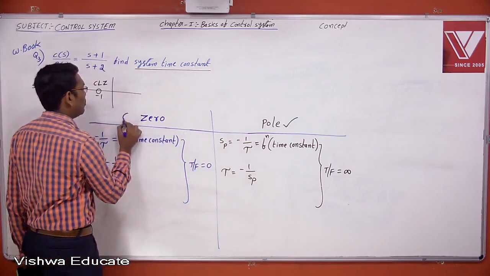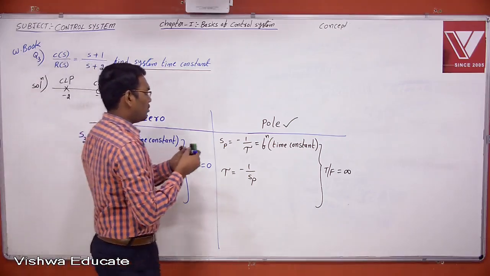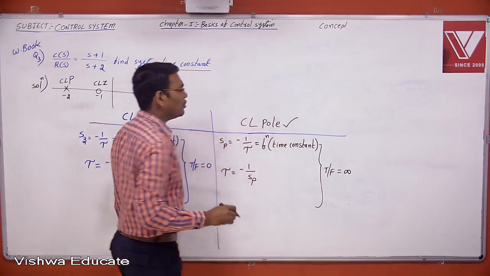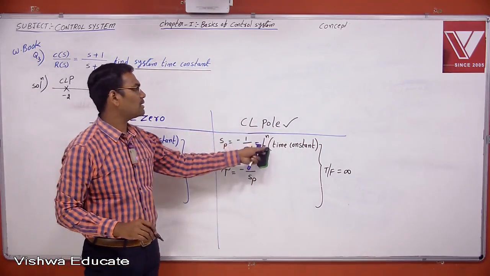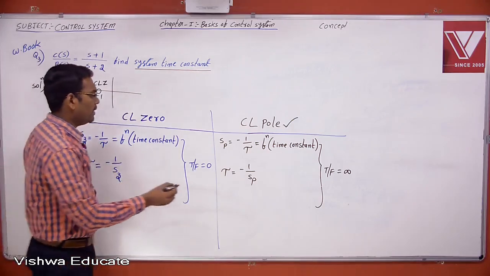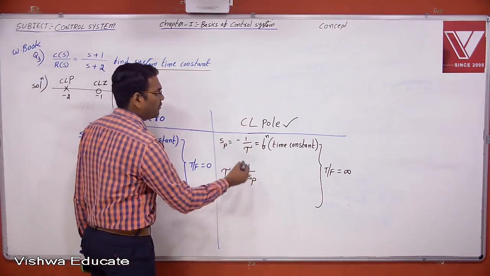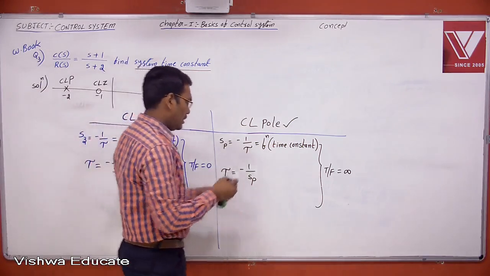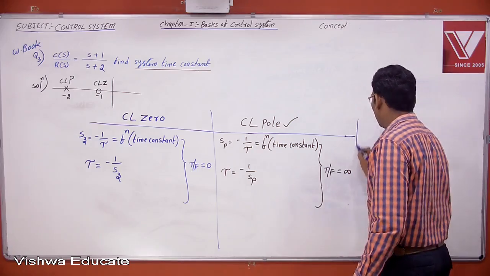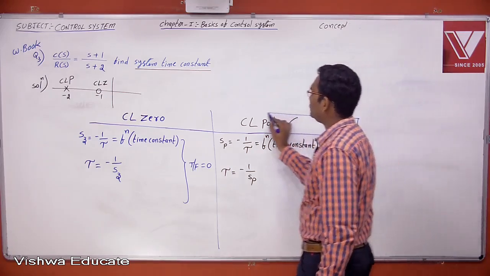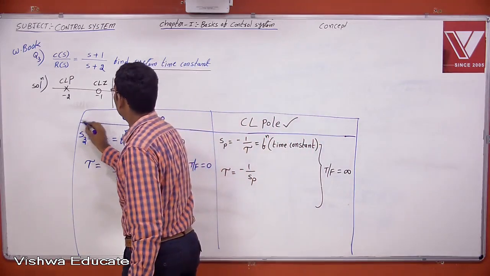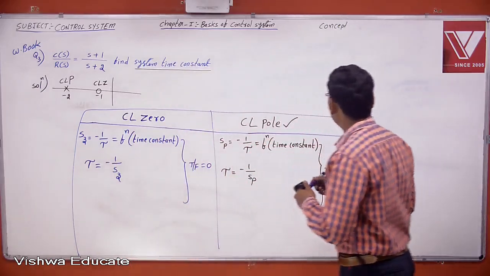This is closed loop zeros and this is closed loop poles. Therefore, the characteristic equation consists of closed loop poles, so the system time constant which we are finding comes only from the poles' location. Therefore, from this comparison, what is the time constant?